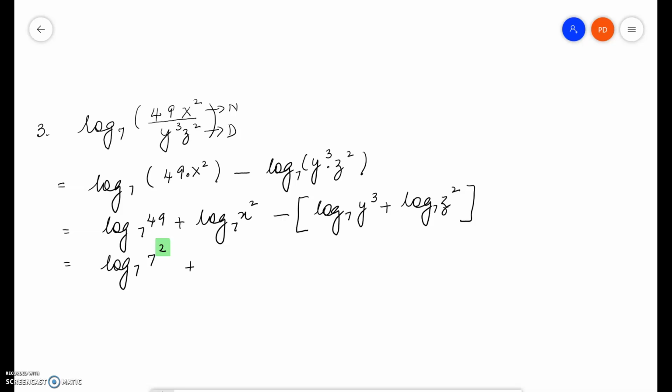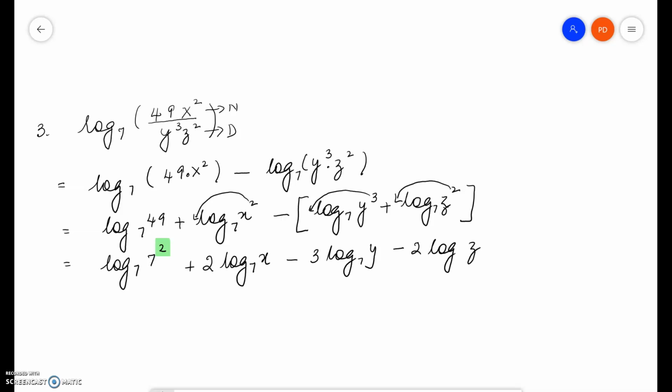Plus, this exponent can be written as a multiple, so you can multiply the log with it. 2 log x to the base 7 minus, and I'm distributing the minus, the 3 goes here. We have 3 log of y to the base 7 minus, the 2 goes here, 2 log z to the base 7.